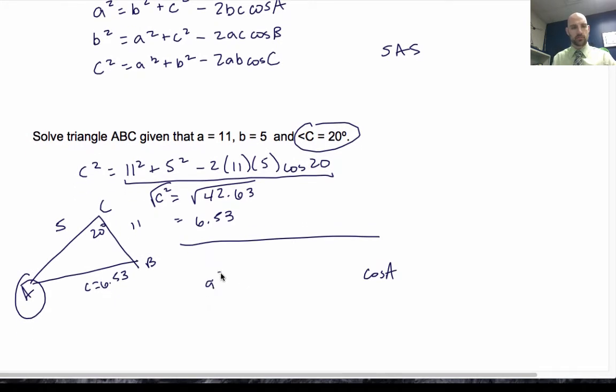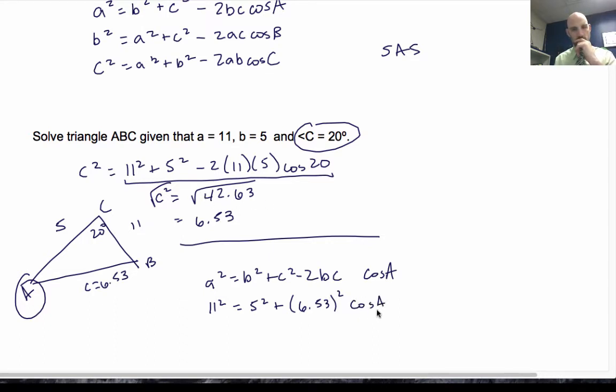So a squared equals b squared plus c squared minus 2bc cosine of A. Well, what do I have? I have everything except cosine of A. And so I've got 11 squared equals 5 squared plus 6.53 squared. You could do 42.63 there, right?